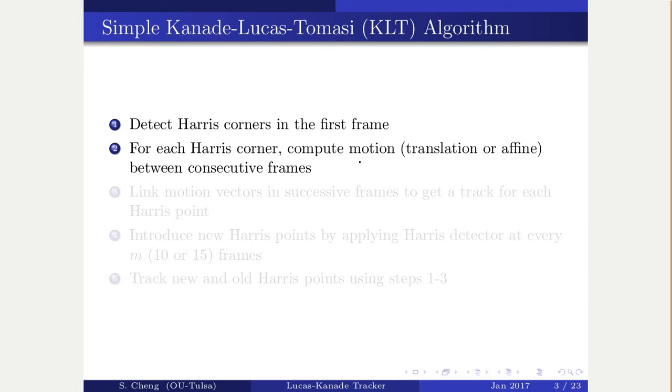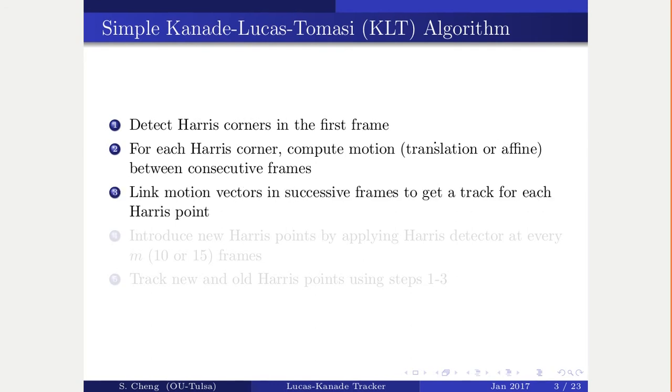So this motion can be translation, affine, or many different variations, as we will see later on. In the third step, we will then link the motion vectors in successive frames. In such a way, we'll get a track of each of the Harris points.